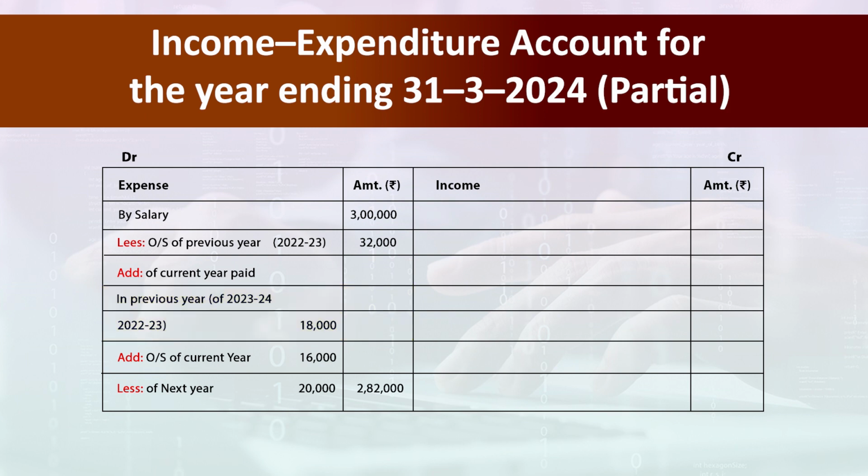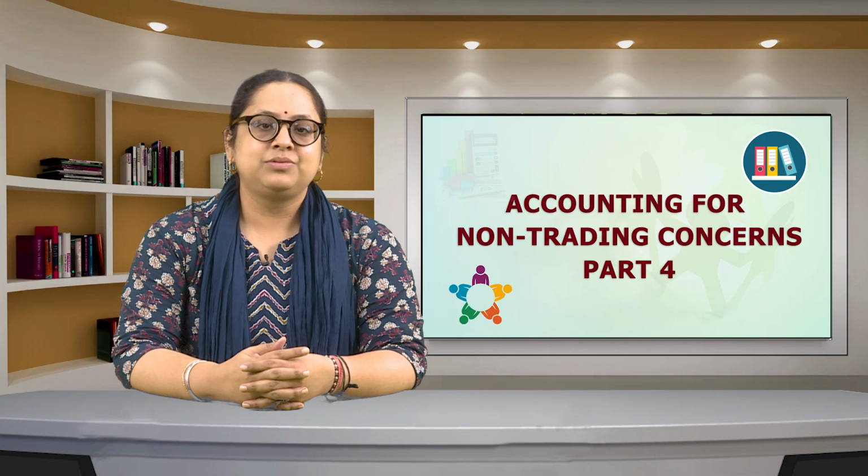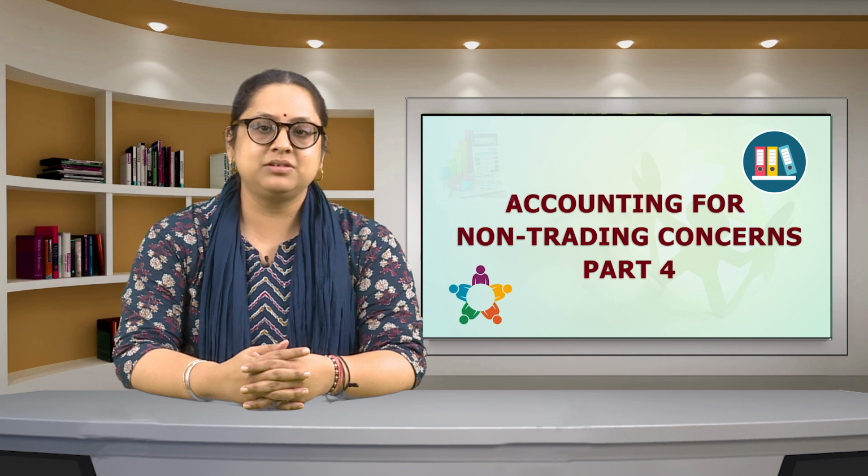In it, we would be adding the outstanding of the current year of rupees 16,000. From it, we would be deducting the salary paid for next year of rupees 20,000. The total salary amounts to 2,82,000. Now, let us study illustrations where the income expenditure account and balance sheet are to be prepared from a trial balance.